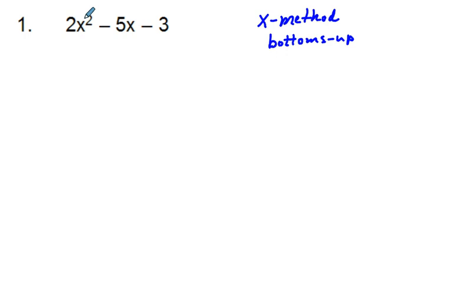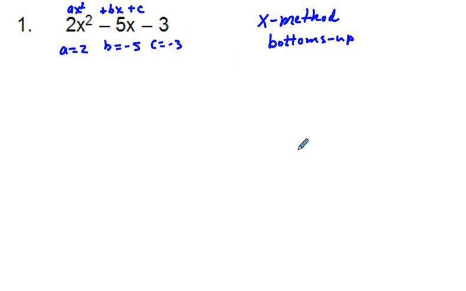Well, first thing we do is look at our quadratic trinomial, and the quadratic trinomial we look to be written in the form of ax squared plus bx plus c. And in this case, a is equal to 2, b is equal to negative 5, and c is equal to negative 3.